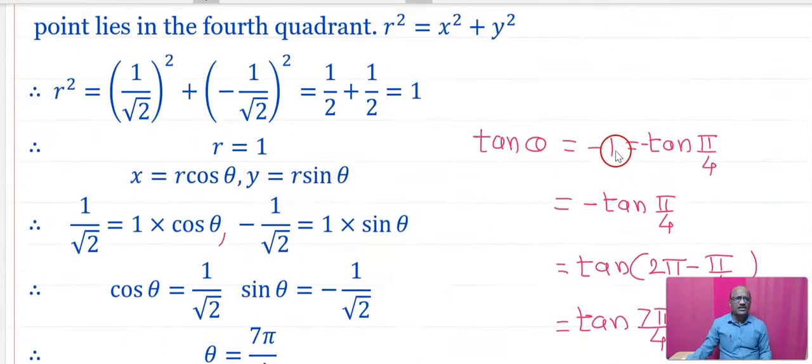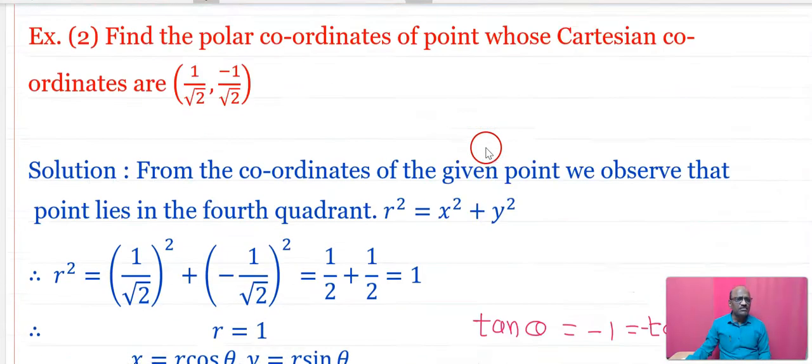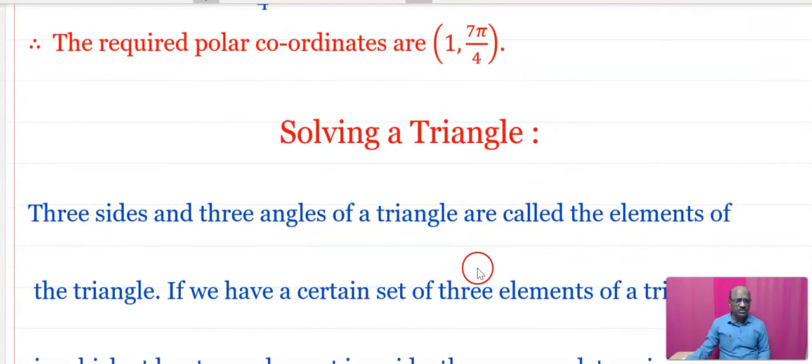How to find that angle? 1 means tan of pi by 4, and by allied angle, that is tan of 2 pi minus pi by 4. It lies in the fourth quadrant, that is, the point is in the fourth quadrant. That is nothing but 7 pi by 4, and hence the required polar coordinates are 1 and 7 pi by 4.